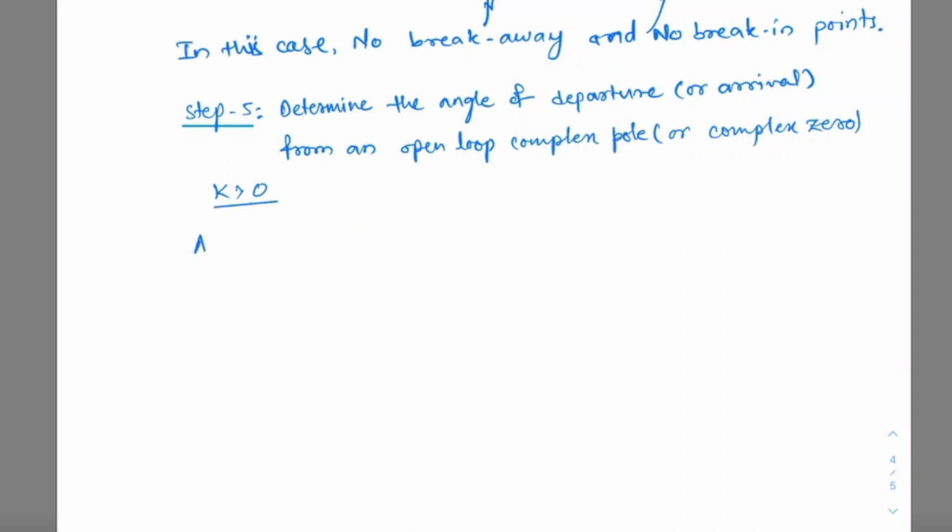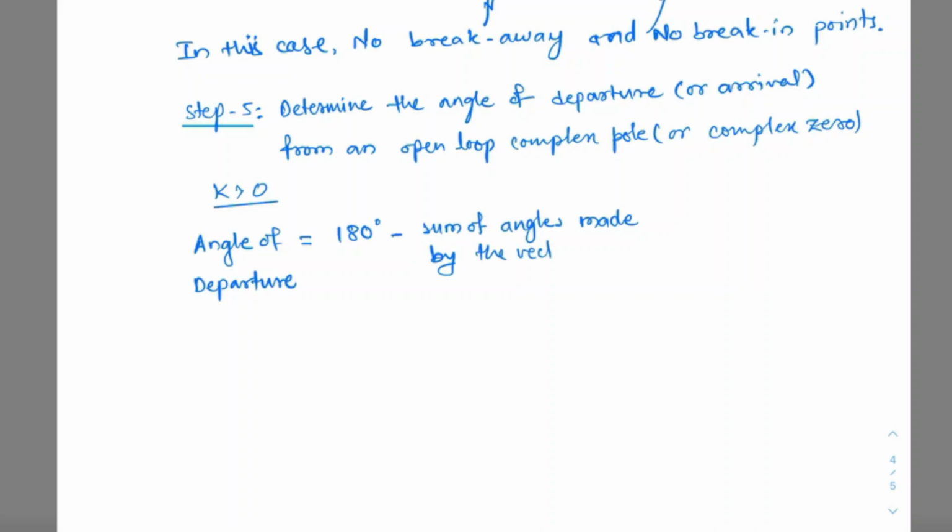And the angle of departure is given as 180 degrees minus the sum of angles made by the vectors from open loop poles to this pole. So angle of departure is defined with respect to the pole.